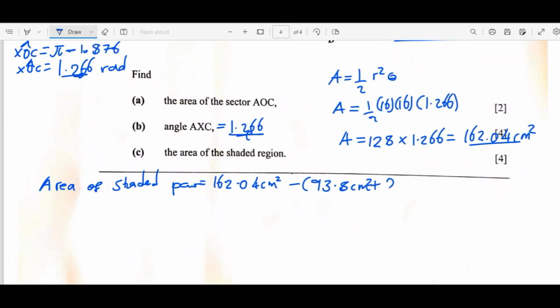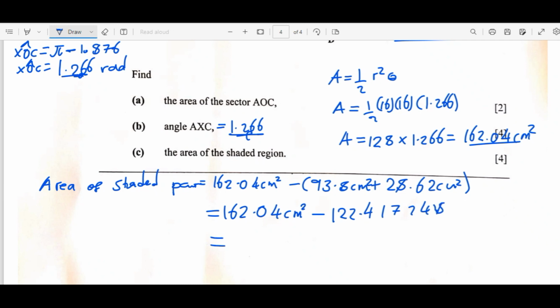So say plus 28.62 centimeters squared. So 162.04 centimeters squared minus 122.4172.